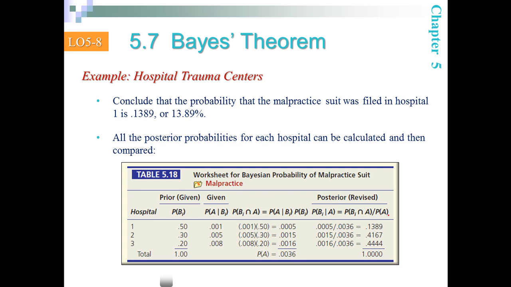Posterior probability is 13.8% for Hospital 1, 41.67% for Hospital 2, 44.44% for Hospital 3. So does that make sense? Yeah, it does, because Hospital 3 has the highest probability of a lawsuit of the three hospitals.